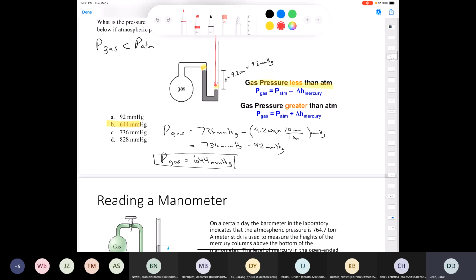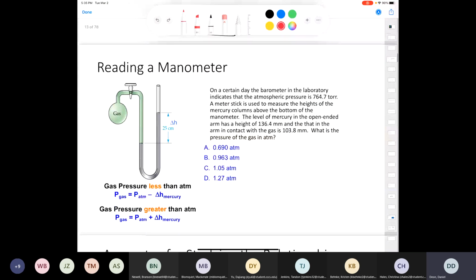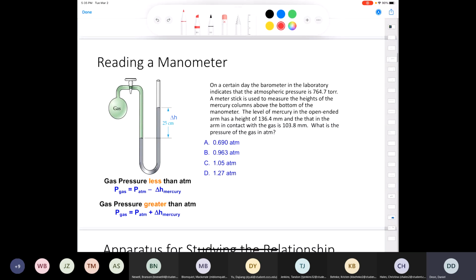Let's try one more problem that deals with a manometer, and then we'll move on to some relationships with gases. Okay, so it says here, on a certain day, the barometer in a lab indicates that the atmospheric pressure is 764 torr. Remember that 764 torr is the same thing as 764 millimeters of mercury, because a millimeter of mercury is equal to 1 torr, okay?